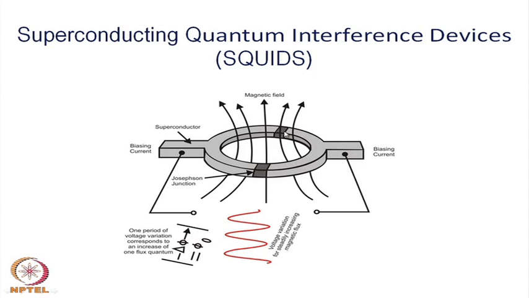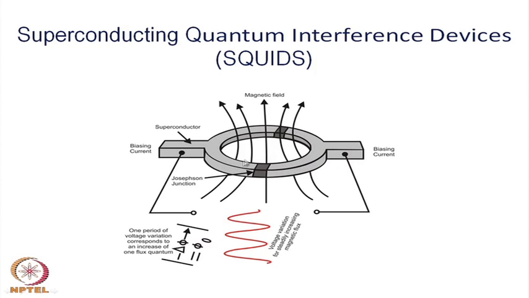These are insulators here. This is one insulating point. This is a Josephson junction, one Josephson junction, and another Josephson junction here. These are superconducting materials, primarily in thin film form, and then this is another superconductor.